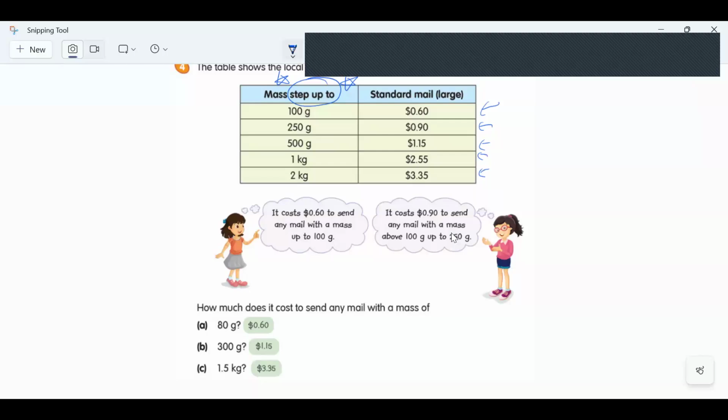How much does she have to pay? $2.55 for the postage. If I don't charge her more, I still go with the 100 grams for 60 cents, then she only pays me 60 cents for the postage. For me, I want to be a good business person and earn more money, so for a heavy item, I charge her more.